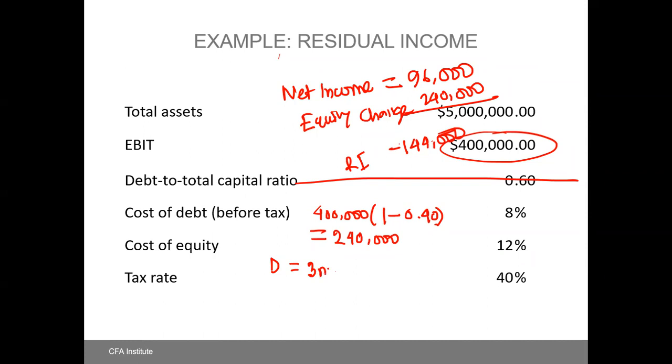So 3 million multiplied by 8% after-tax interest expense should be this one. Would you please find out this? And for equity, our equity capital is 2 million and our cost of equity is 12%. This should be our cost of equity capital charge in terms of dollars. Would you please find out the number for these two?